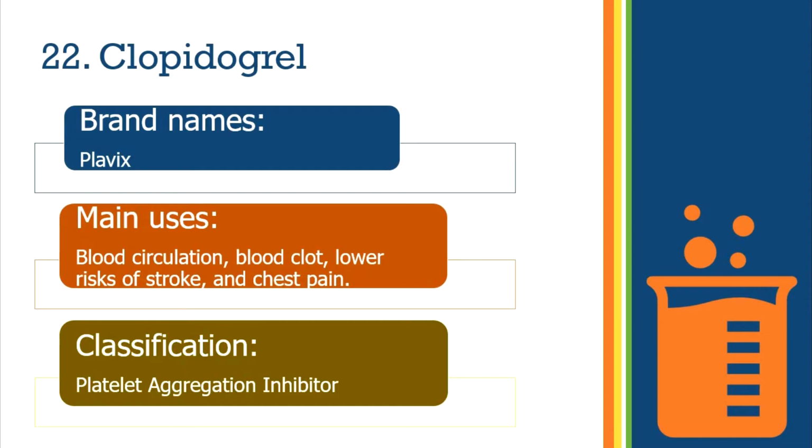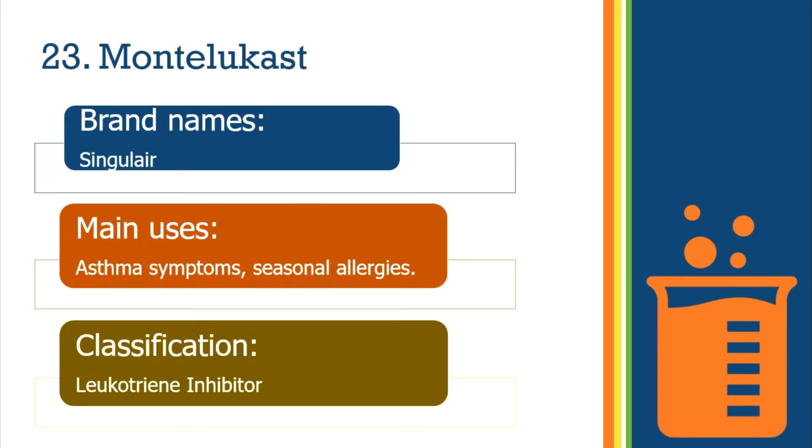This medication is used to help circulate the blood better and prevent or treat blood clots, which also reduces the risk of a stroke or chest pain. It is classified as platelet aggregation inhibitor.